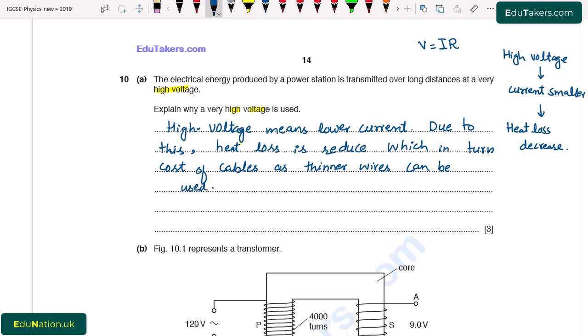Because the thin wire has small amount of resistance, due to which by increasing high voltage, the current also decreases and also the heat loss.